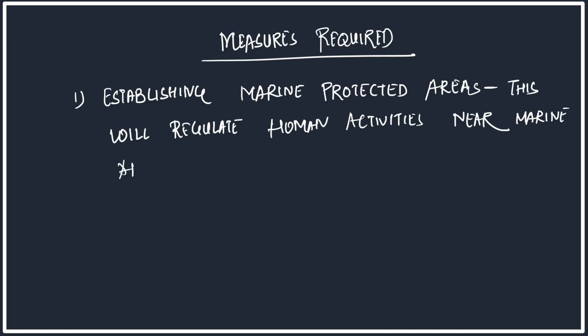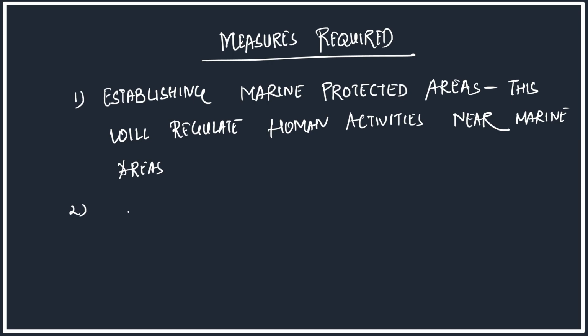So what will happen? If there is a marine area, people tend to start construction, start to live there. But if there is a marine protected area, there would be a certain buffer region beyond which you cannot lay any settlement. This will save the ecosystem as well as the coastal people also, right?